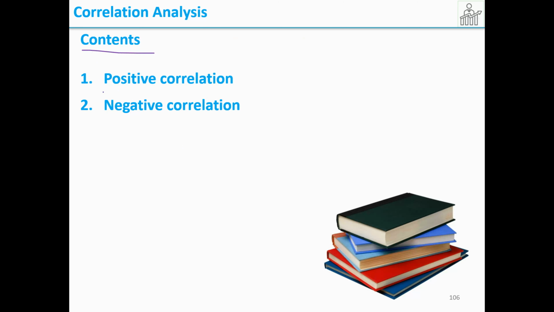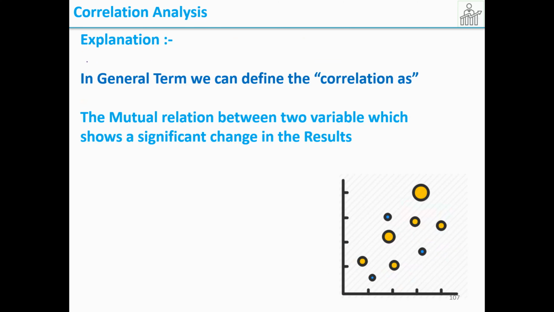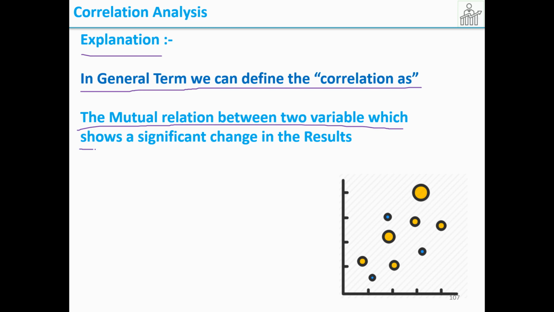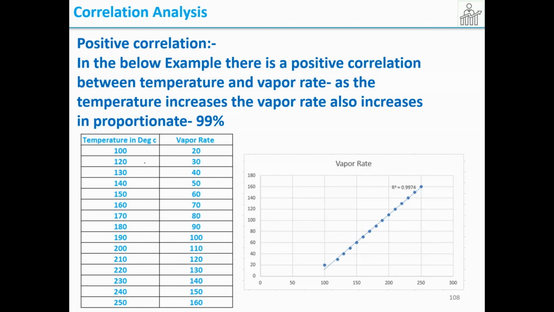These are the contents we are going to see: positive correlation and negative correlation. This is the explanation. In general terms, we can define correlation as the mutual relation between two variables which shows a significant change in the result. You understood, no? Next, positive correlation.